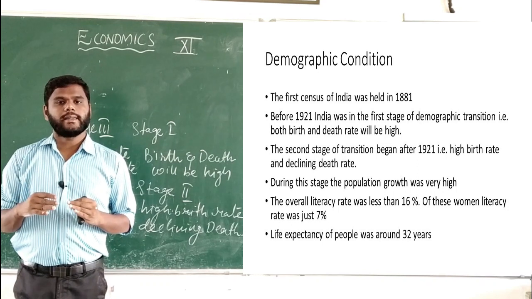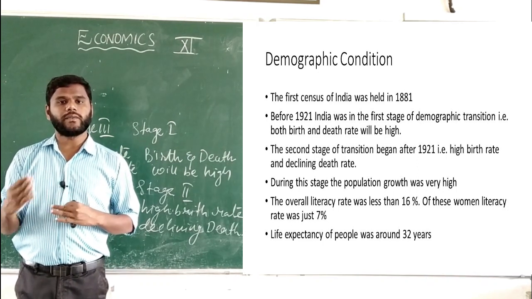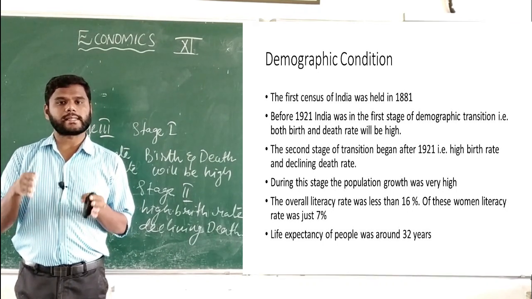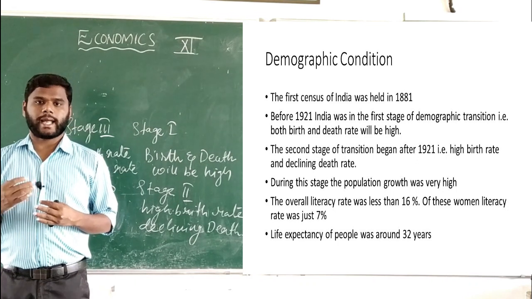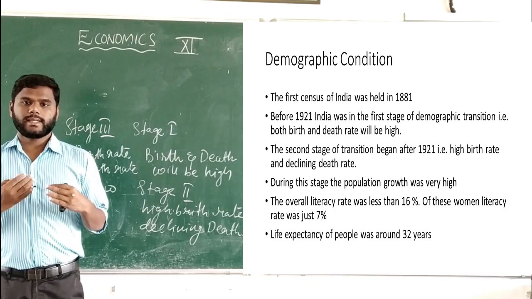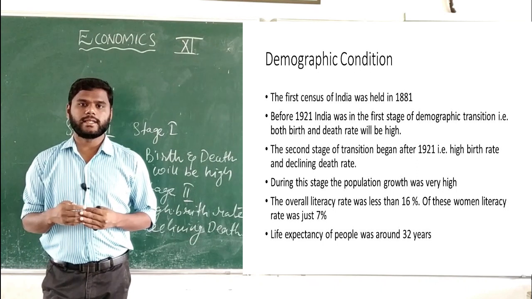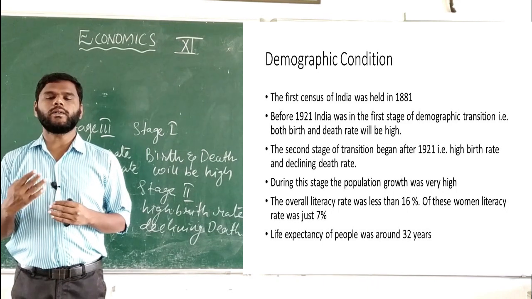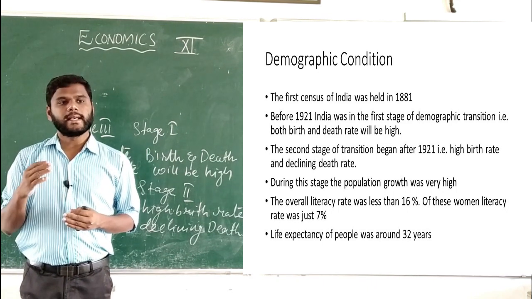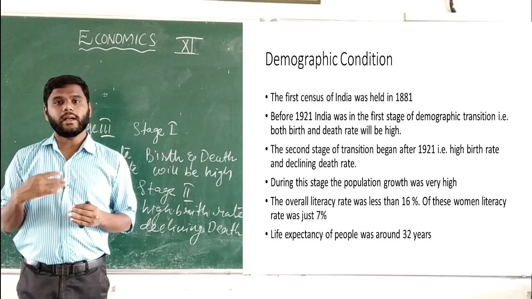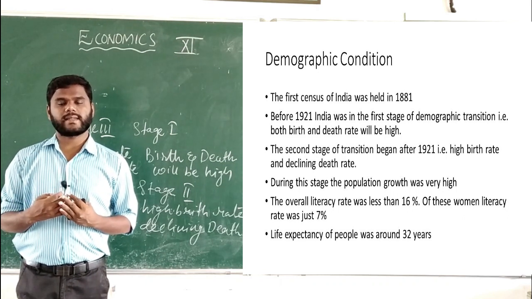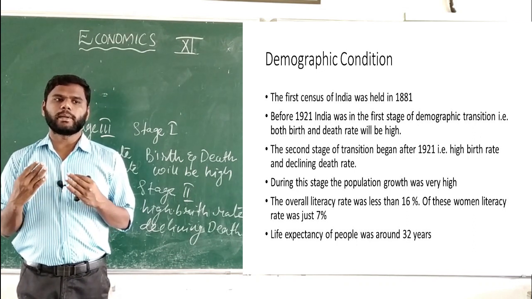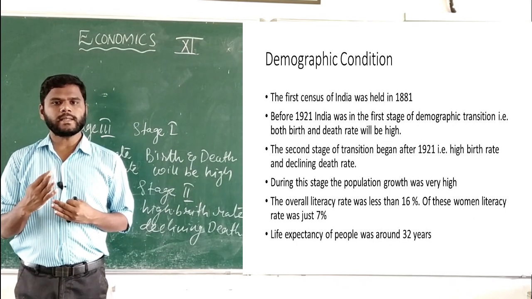And in India, after 1921, India is, and now also is, in the second stage of demographic transition. The first census in India was conducted in 1881, life expectancy of the people was around 32, and the literacy rate was 16%, with women's literacy rate at 7%. This was the demographic condition during the British rule. I think it is clear.